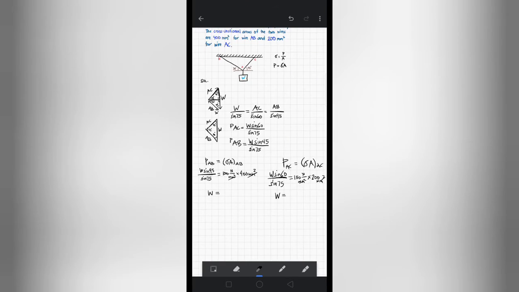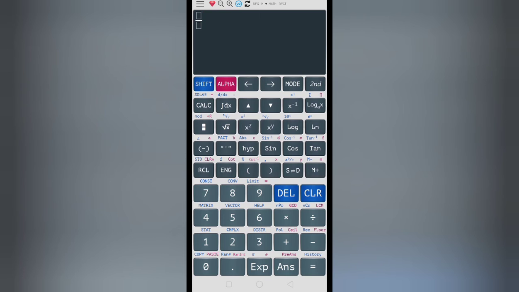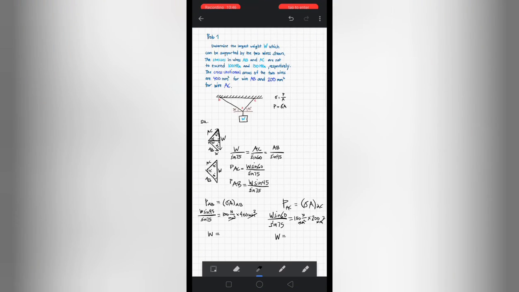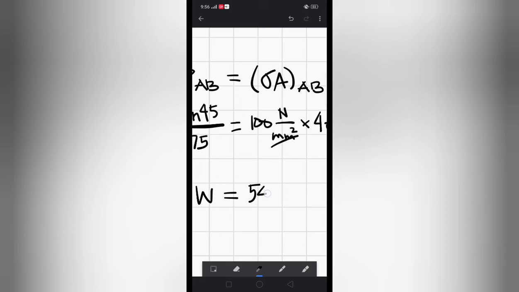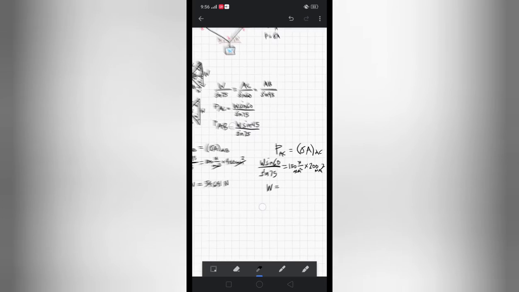Cancel. So we have a value for W. If we plug that into our calculator, 100 times 400 over sine 45 over sine 75, we will then have 54,641 newtons.